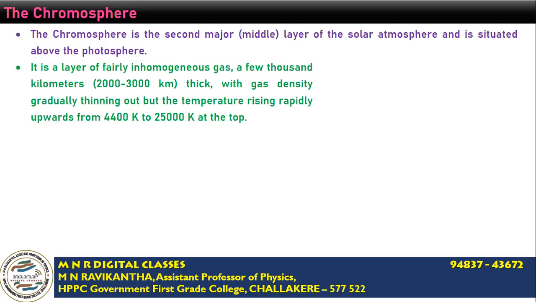This inhomogeneous distribution of temperature is an important characteristic of the chromosphere. And we see another layer where the temperature is a plateau around 7000 Kelvin.